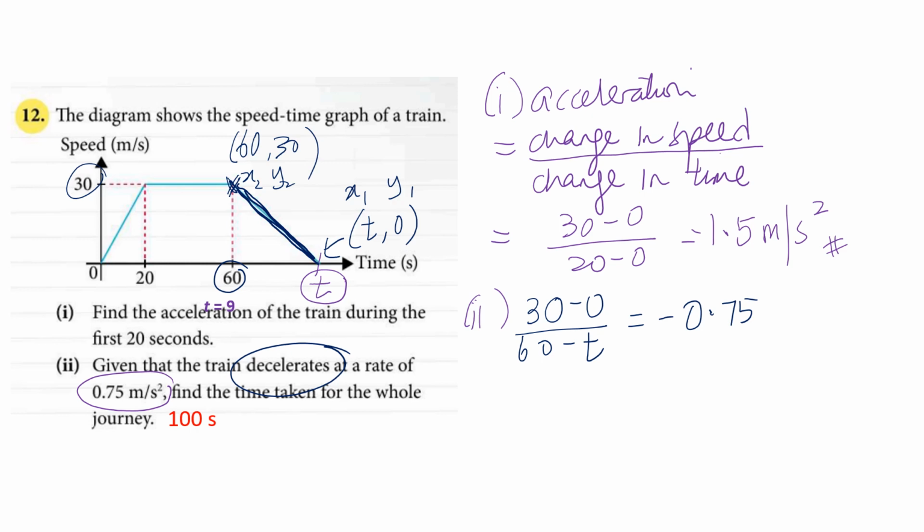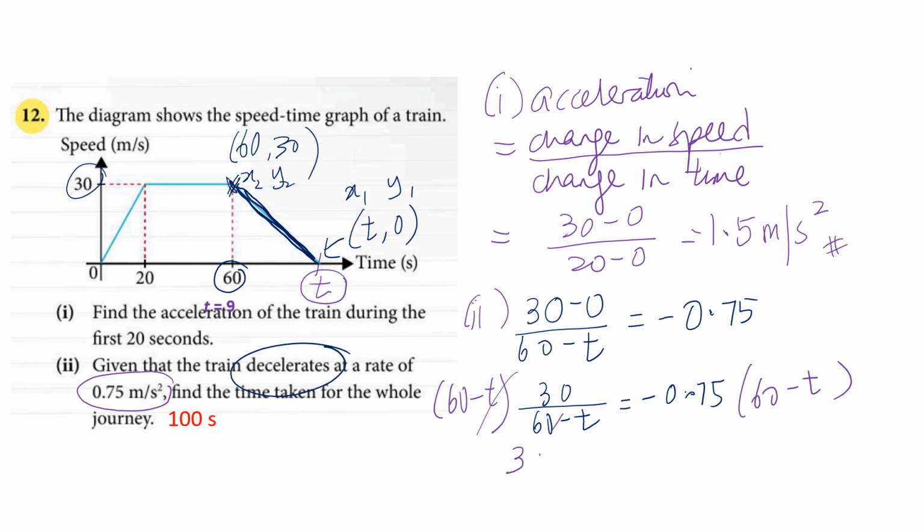So 30 minus 0 is just 30 over 60 minus t. We're just going to multiply both sides by 60 minus t. This and this cancel off, leaving 30. And this one you can just use your calculator to work out, it's negative 45.